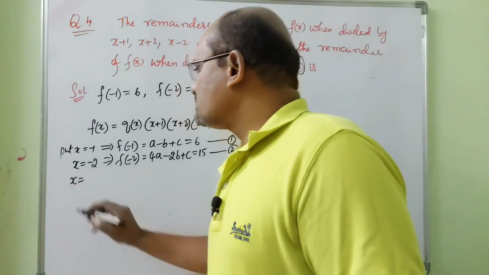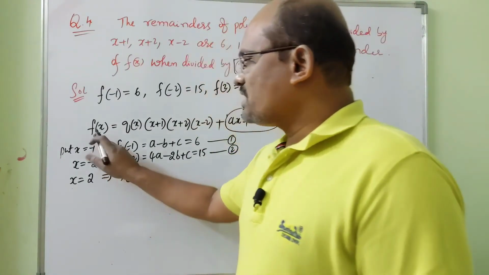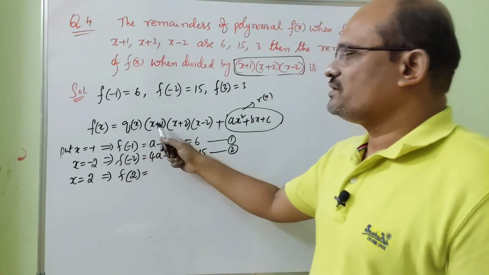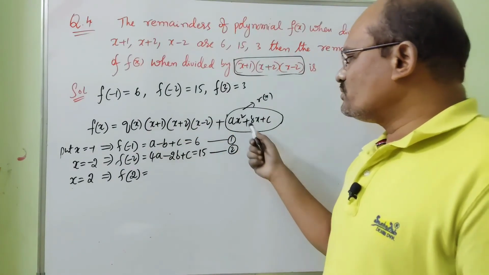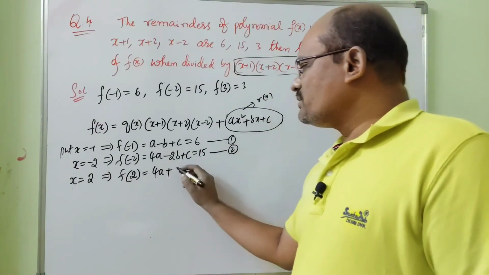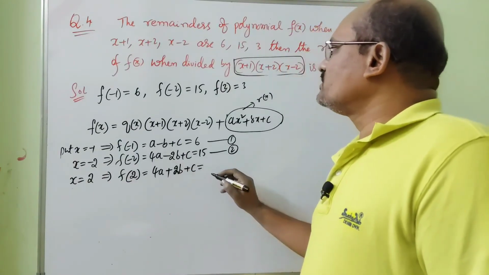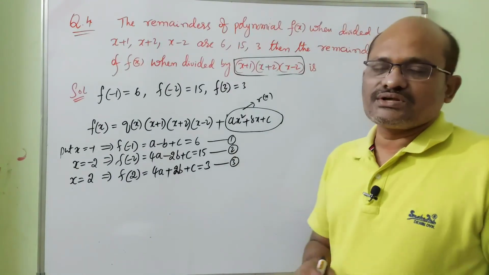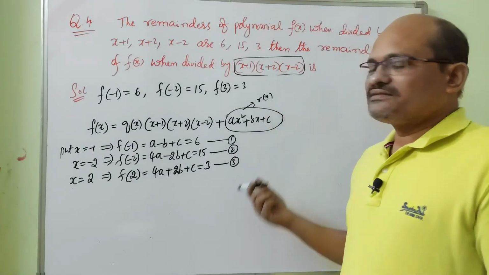Now put x equal to 2 on both sides. f of 2 is equal to q of 2 into 2 plus 1, 2 plus 2, 2 minus 2, which is 0 again. It becomes 0. Put 2 in the remainder, you will get 4a plus 2b plus c is equal to 3. This is equation 3. If you solve these three equations, you will get a, b, c values, and substituting in r of x, you will get the remainder.